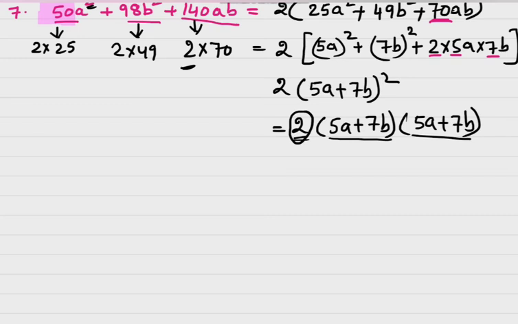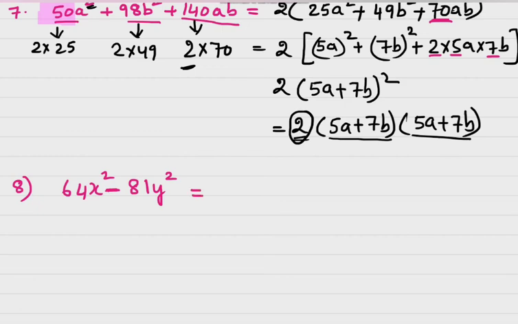Okay, now let's see question number 8. What is question number 8? 64x square minus 81y square. You can see children, here we have only two terms having minus in between them. And what identity do you recognize when you see these types of terms? This is the third identity, a square minus b square. Now a square minus b square means a plus b multiplied by a minus b.